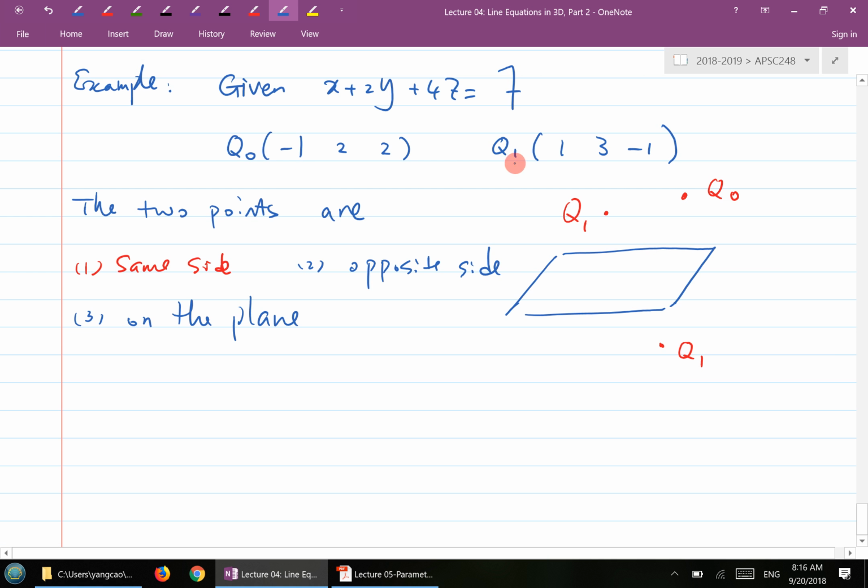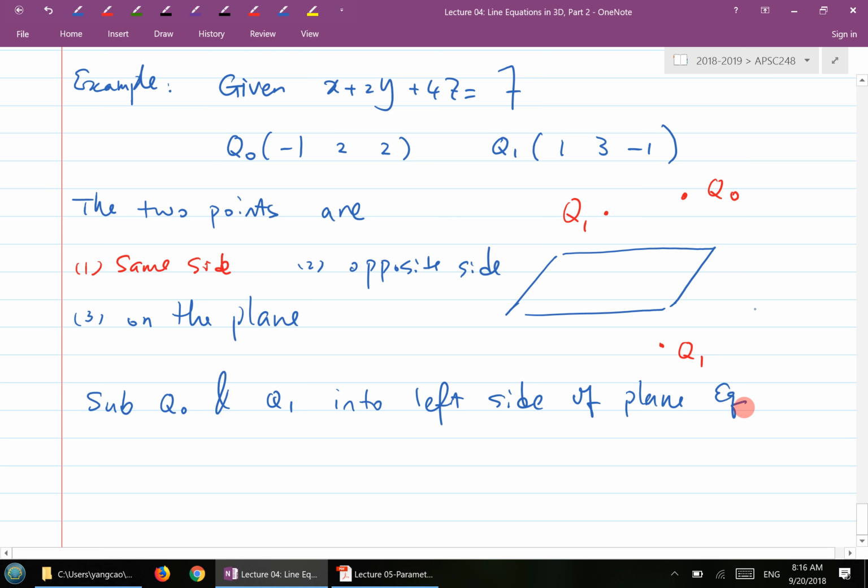So you substitute the coordinates of Q0 and Q1 into the plane equation. In this case, let's only substitute into the left side of this plane equation. So substitute Q0 and Q1 into just the left side.